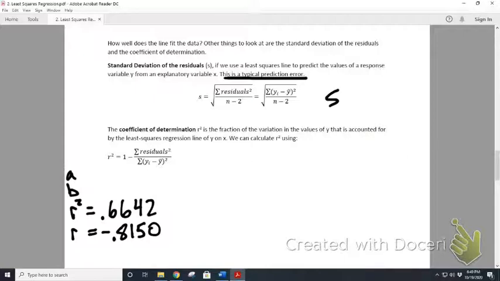But notice right here, it is the variation in Y. That is crucial that you remember that phrase. The rest of it, it's kind of important, but the variation in Y is what it's describing. This is almost like a grade that your linear regression model is getting. It's out of 100%.